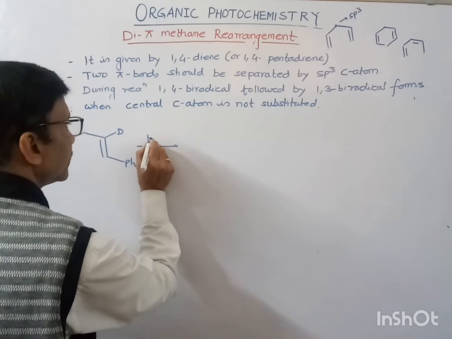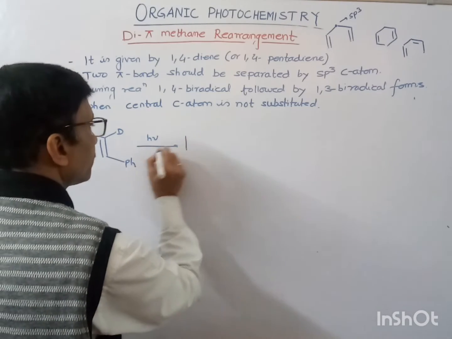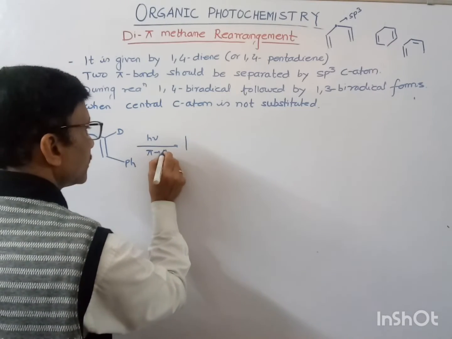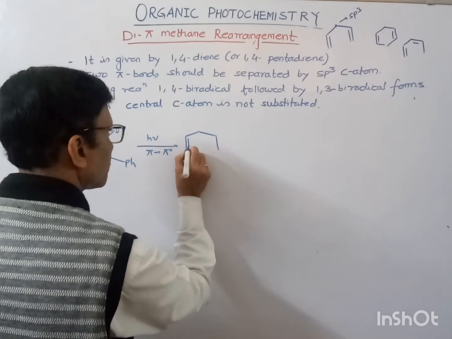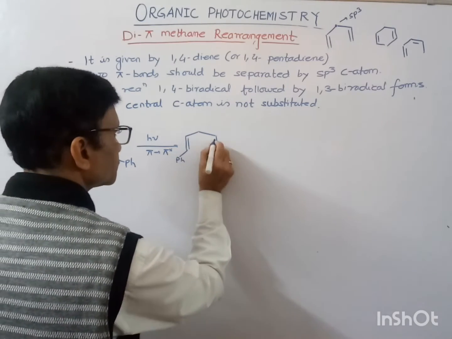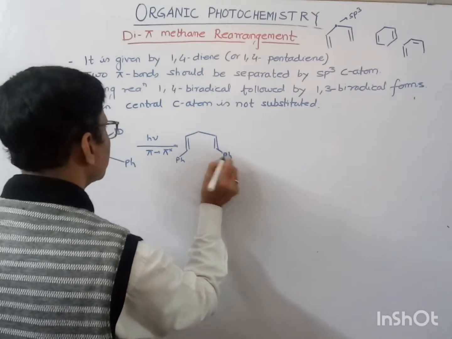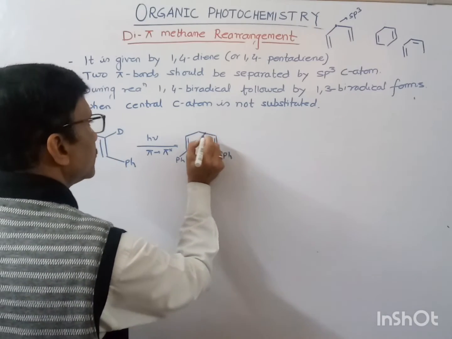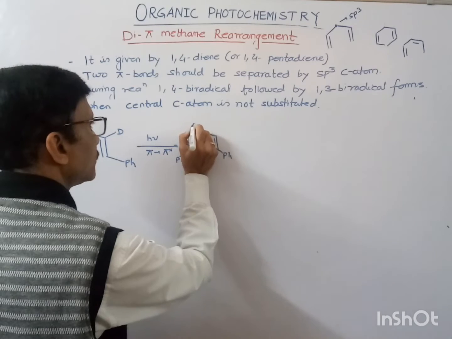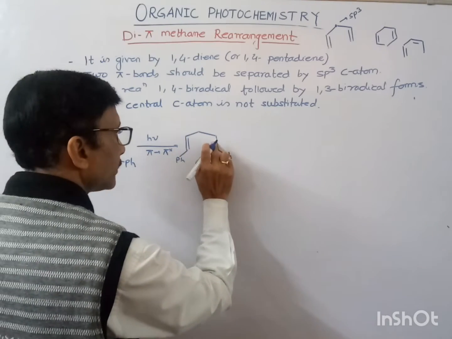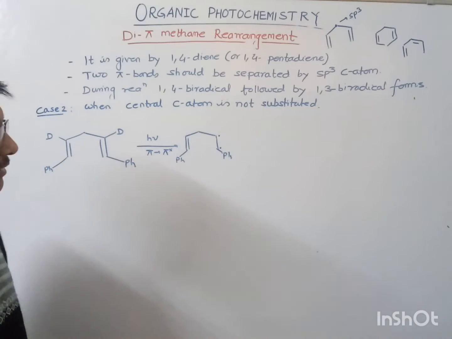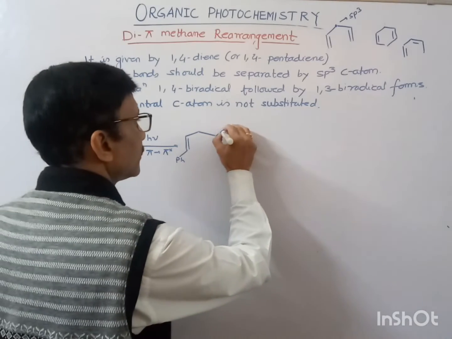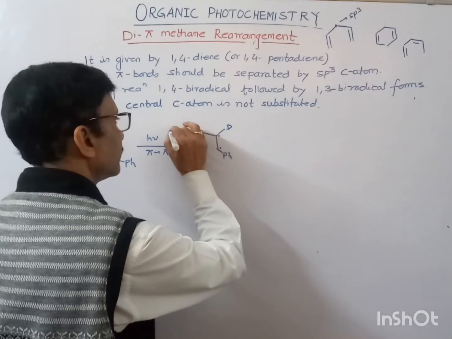Now if I irradiate it, then a pi to pi star transition takes place, giving one radical and another radical, and we have deuterium over here.